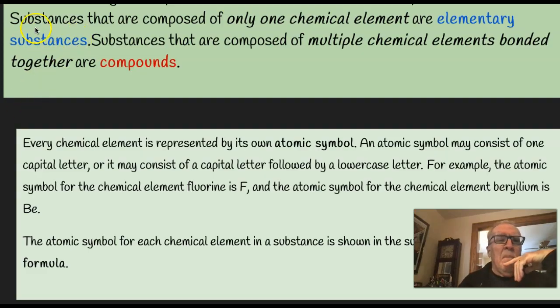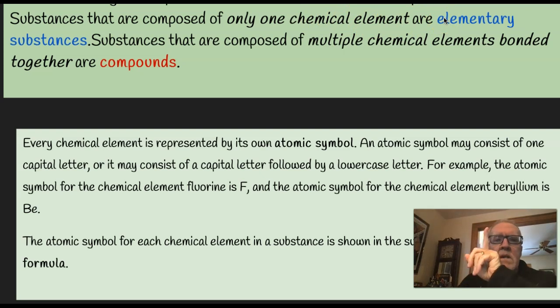Okay, so here we go. A substance, any kind of substance, salt, butter, may be composed. Remember, composed means made up of one chemical element or more than one chemical element. Substances that are composed of only one chemical element are elementary substances.